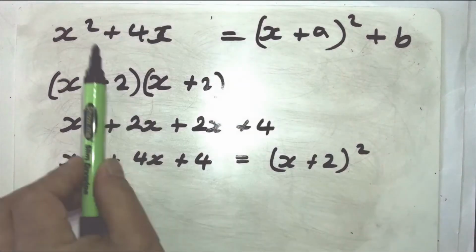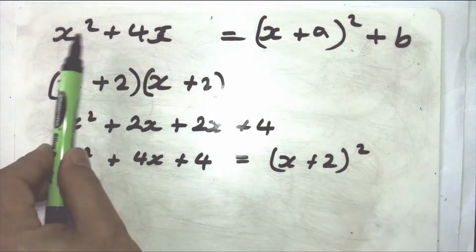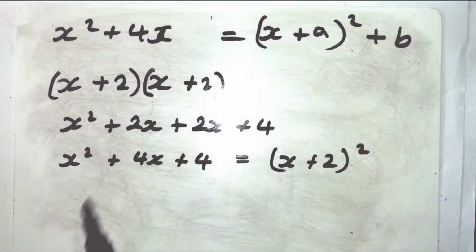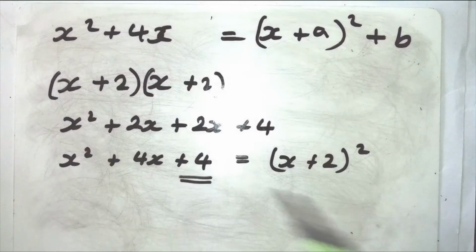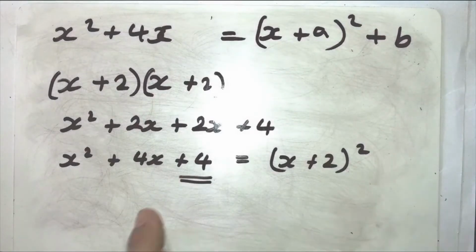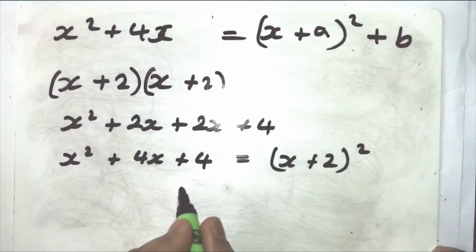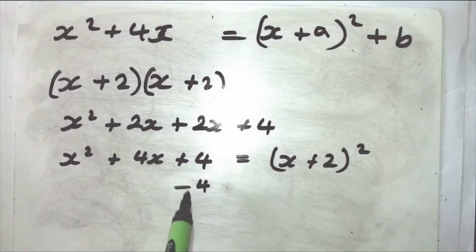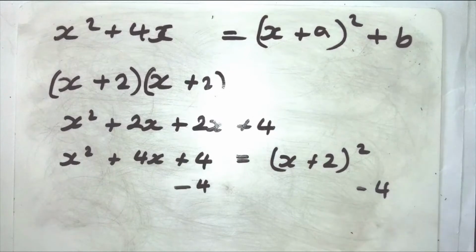Now, if I only want the x squared plus 4x part from here, I need to get rid of this plus 4. So what we need to do is the inverse operation here. So minus 4, and it's minus 4 from both sides.